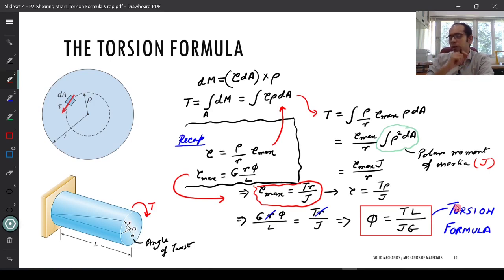Now a couple of notes about this polar moment of inertia J. I am sure you would remember, but let me just write that down as well. So for J, remember, for solid shafts it means it's completely solid. There is no hollow section.